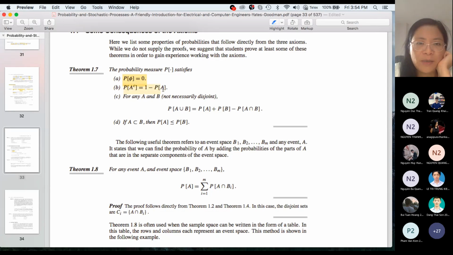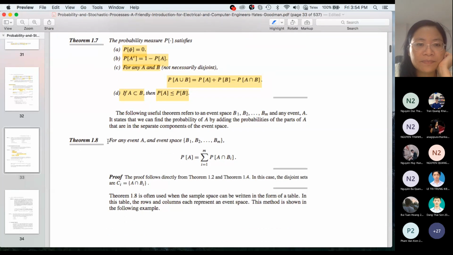So the probability of A complement equals 1 minus the probability of A. For any A and B, we have the formula: the probability of A union B equals the probability of A plus the probability of B minus the probability of A and B. If A is a subset of B, then the probability of A is smaller than or equal to that of B.